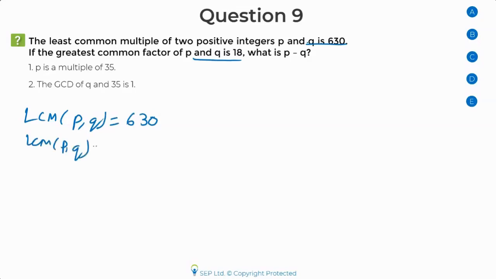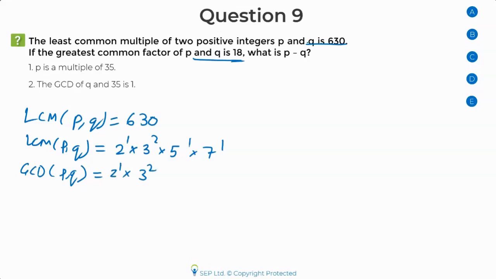I'll get 2 to the power 1, 5 to the power 1, 3 square, 7 to the power 1. I hope everyone got this, right? Same way, I'll work with the GCD. The GCD of the two numbers is given as 18. So I'm going to split it right then and there. Okay, so this is done.